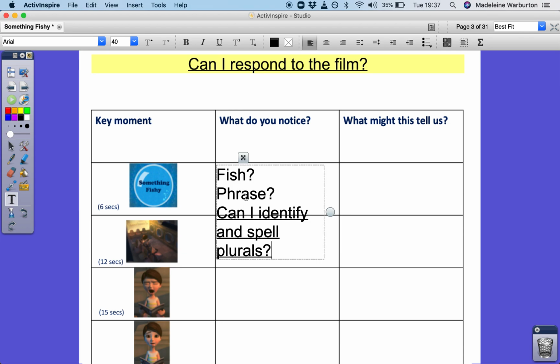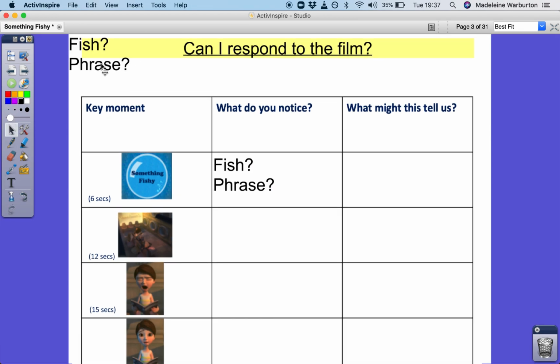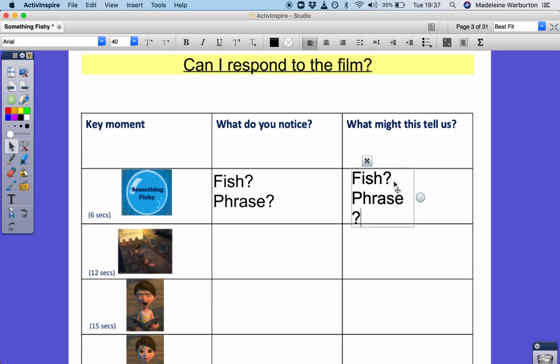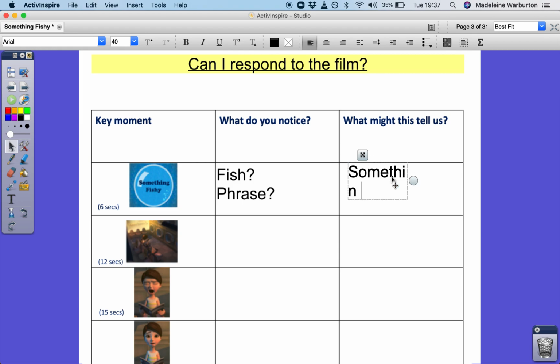in this box here, bear with me, what might this tell us? That something strange is going to happen. Okay.